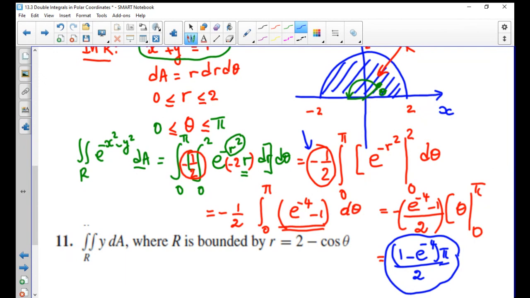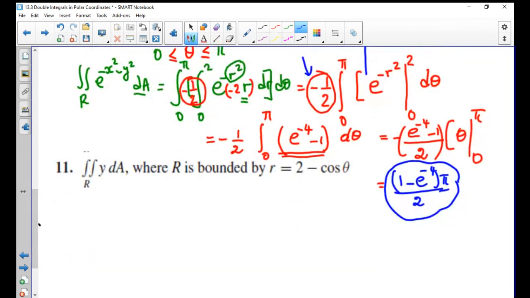This one? Okay, let me just, so what I had there was the integral from 0 to 2 of e to the minus r squared times r.